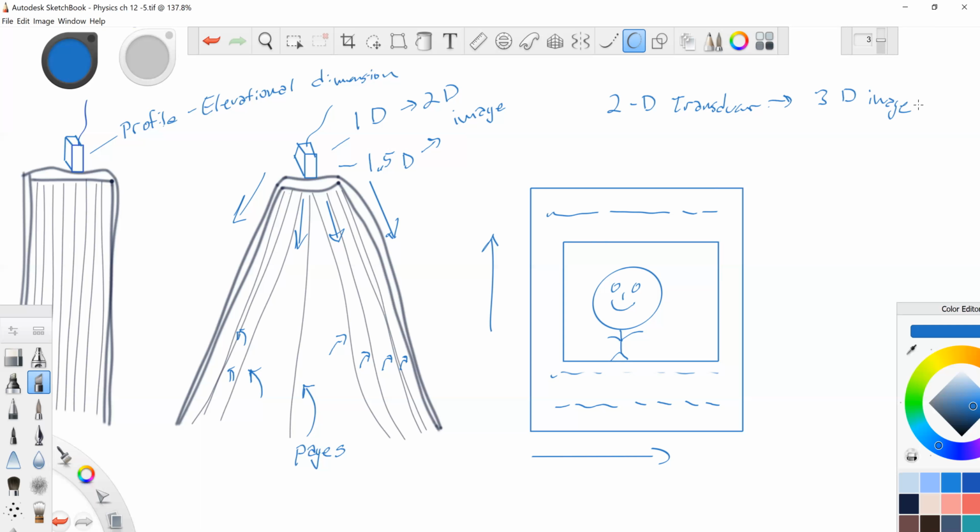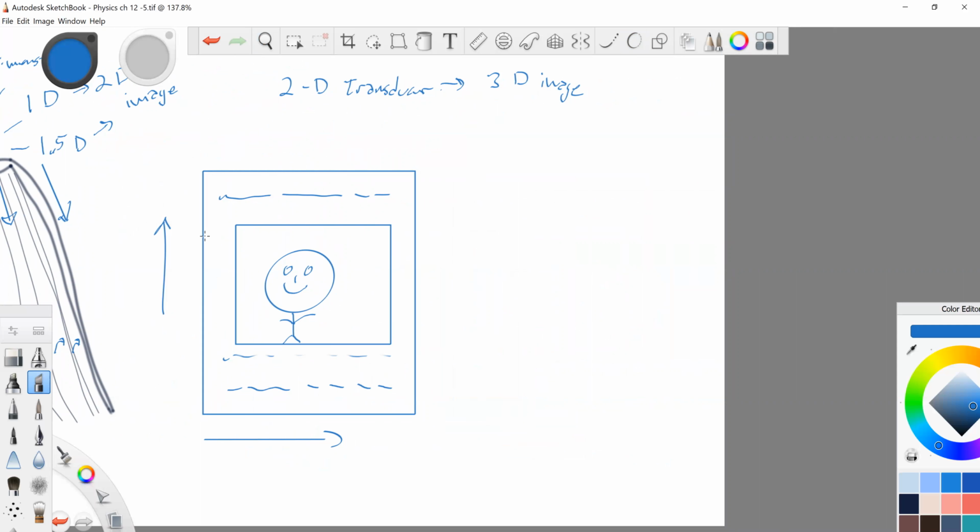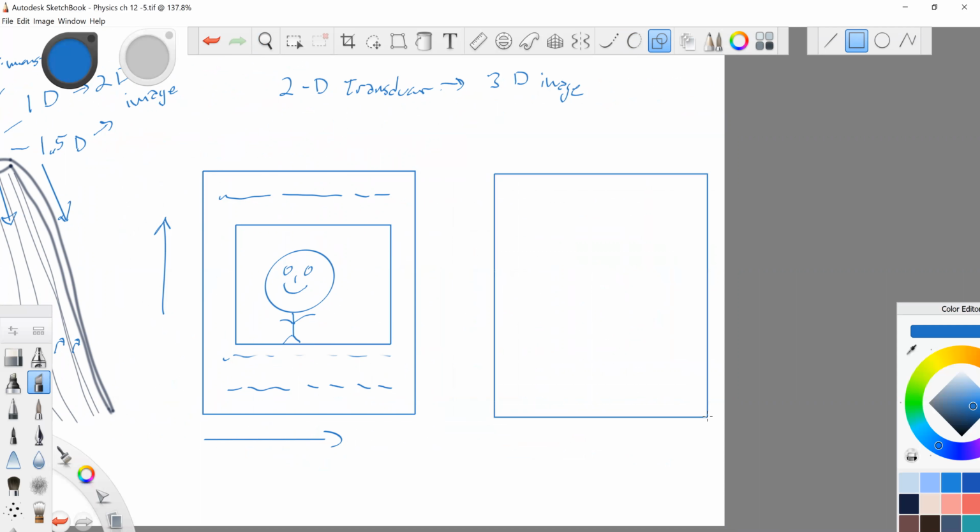Now, our 3D image, of course, is displayed on a flat two-dimensional screen. So we're not truly getting a 3D image. We are getting what looks like 3D. It's a trick that three-dimensional cartoonists and three-dimensional ultrasound builders, manufacturers are playing on our eyes.